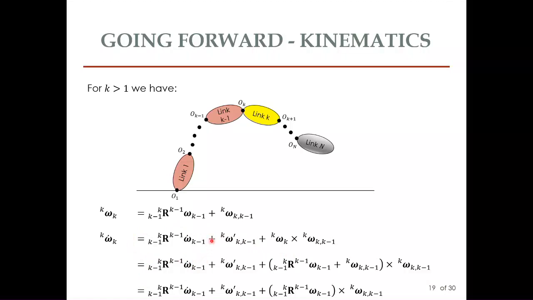Okay, this bit is the absolute angular acceleration of the previous link. Okay, plus everything you see here. Yeah, you see, it's like this value with the golden formula applied on it. Yeah, so this bit is the omega k relative to k minus 1 dot.